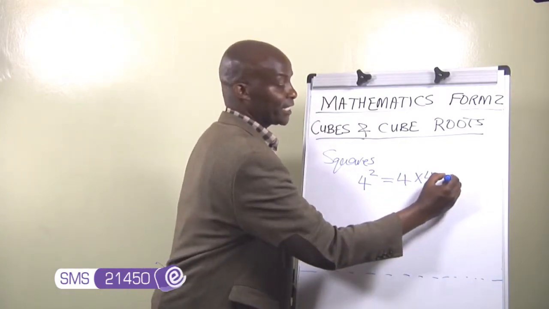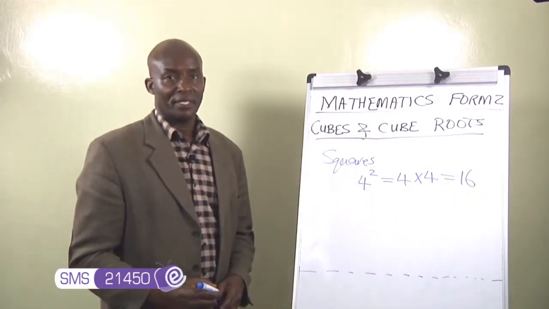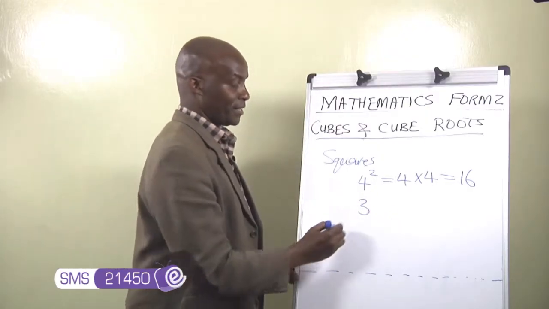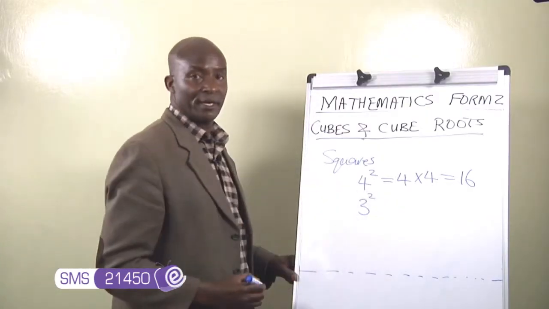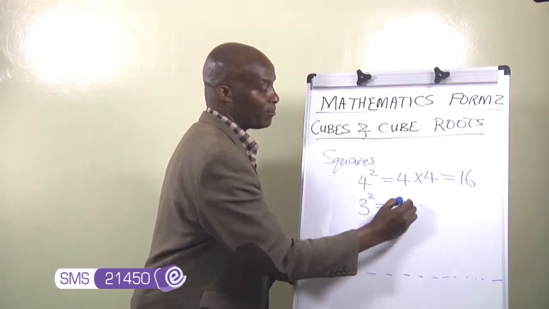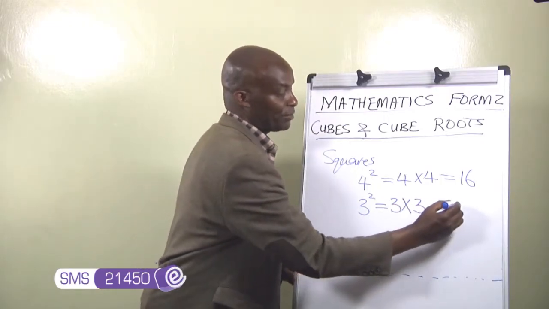And this gives me 16. If I say the square of 3, that means 3 squared. And 3 squared is equal to 3 multiplied by 3, which gives you 9.